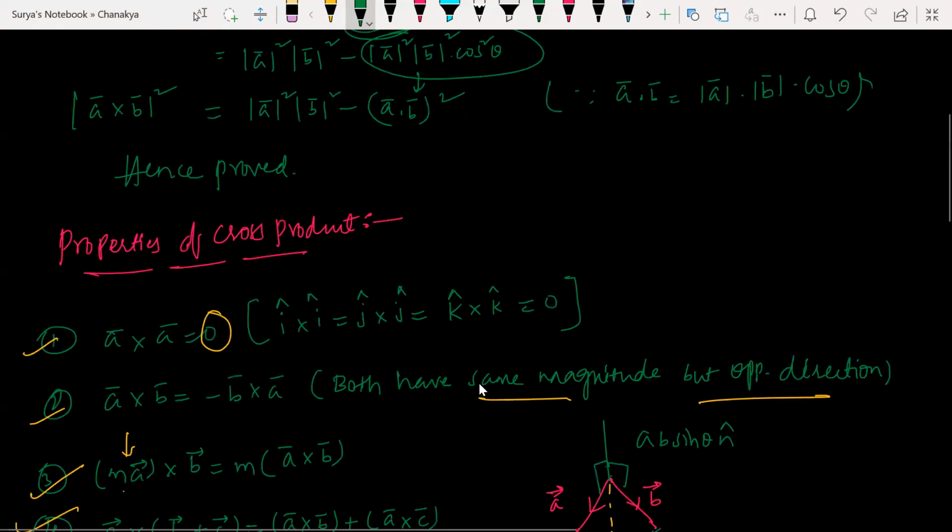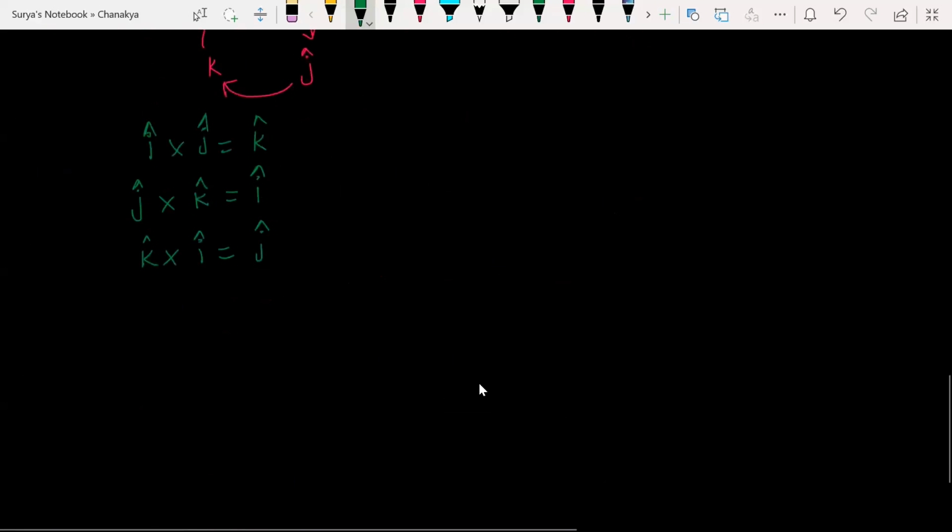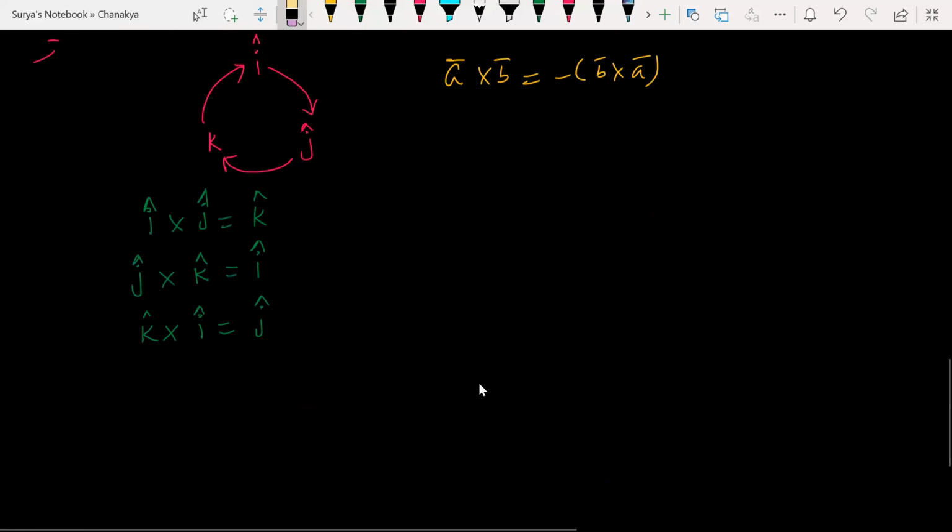These are our properties. Please write it carefully. This is my sixth property. As soon as you're moving in a clockwise direction like this, everything becomes positive, because I cross J gives you positive, J cross K gives you positive, K cross I gives you positive.